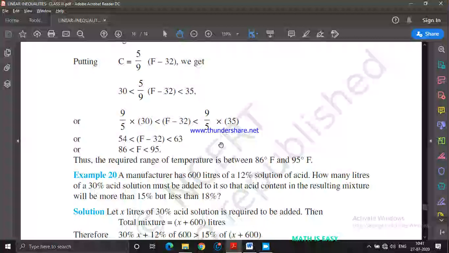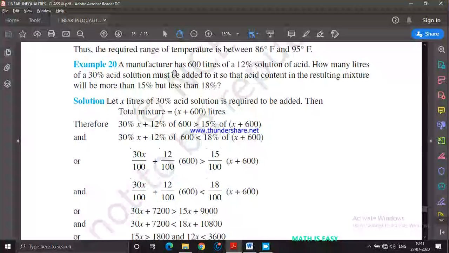Okay, so you have one more. A manufacturer has 600 liters of 12% acid solution. That means 600 liters, and the percentage of acid in it is 12%. The chemical has 12% acid in it, and the quantity is 600 liters.